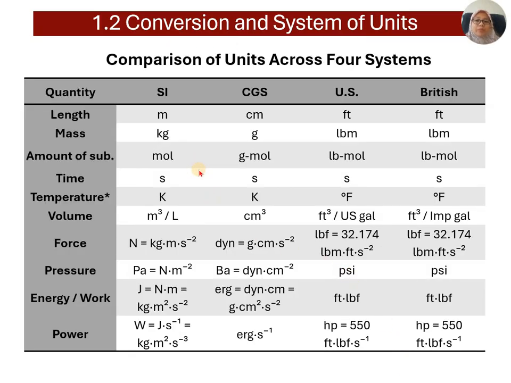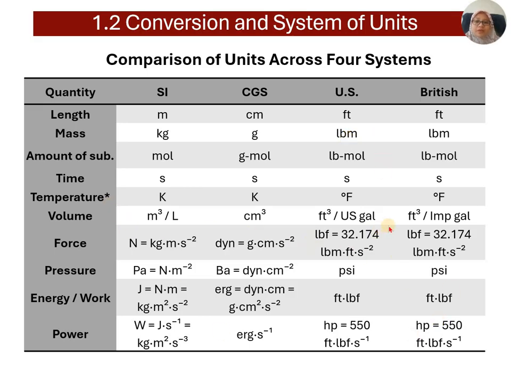Okay, next is the comparison of units across 4 systems. We have learned 4 systems just now: SI, CGS, US, and British Imperial. So if you see here, SI and CGS use decimal systems, whereas US and British use the feet and pound system.